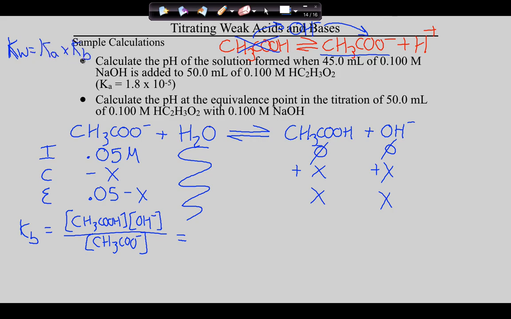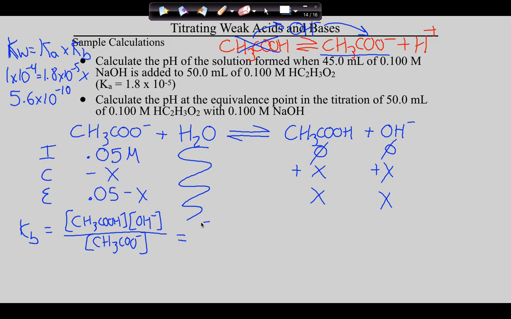You'll probably be doing this down below. So 1 times 10 to the negative 14th is 1.8 times 10 to the negative 5th times Kb. That's a mess. So 1 times 10 to the negative 14th, and then 1.8 times 10 to the negative 5th, and divide. And I get 5.6, again being horrible with significant digits, times 10 to the negative 10th.